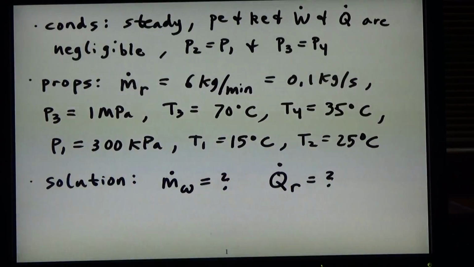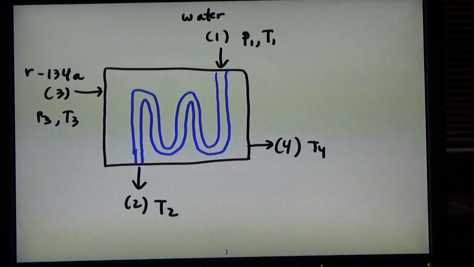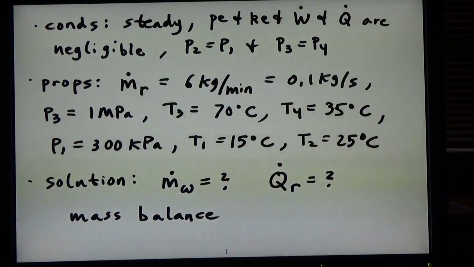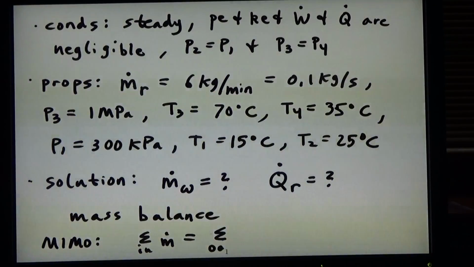Alright, so now we know what we're looking for, and just like all of these problems, we are going to apply our two major equations, mass balance and energy balance, for each one of these problems. Let's look at the mass balance first. For the heat exchanger, we have multiple inlets and multiple exits, so we need to apply the MI-MO form of the mass balance, which says summation of the mass flow in is summation of the mass flow out.